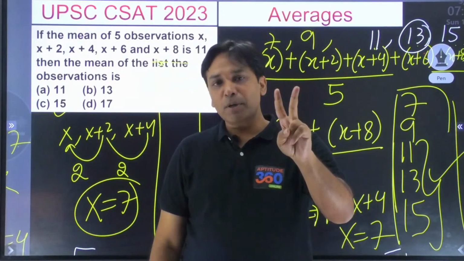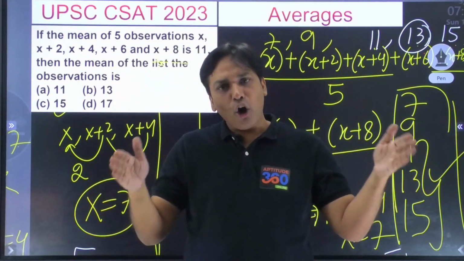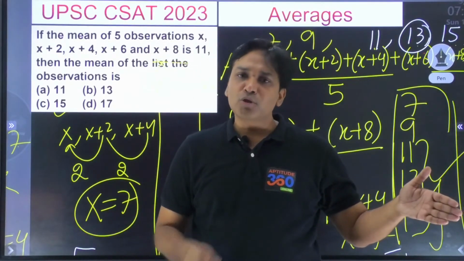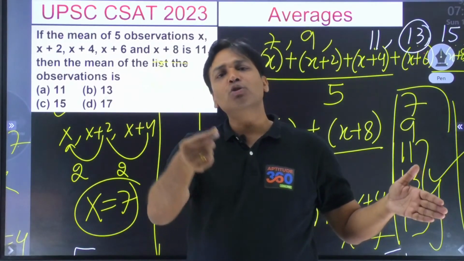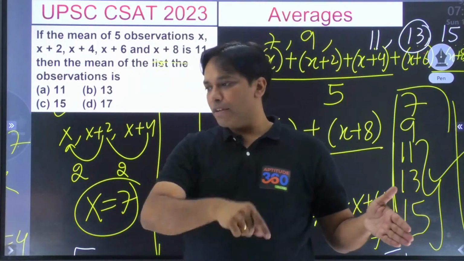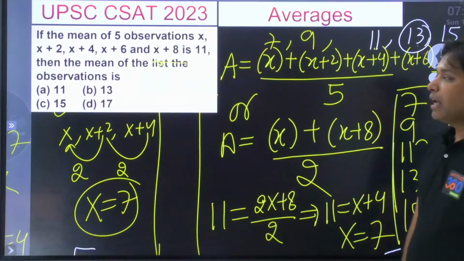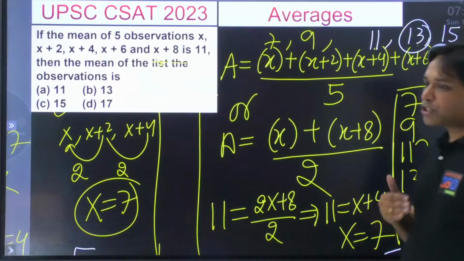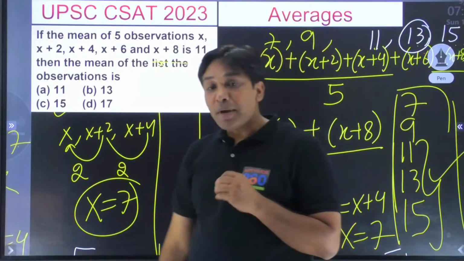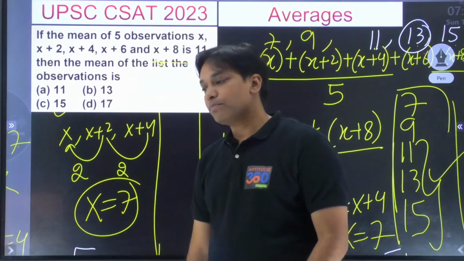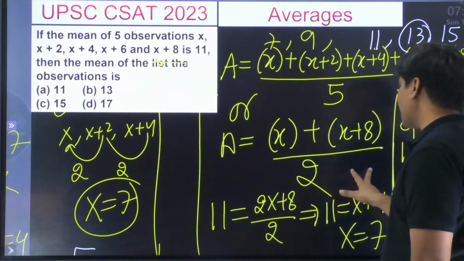Understanding number two: if the number of terms is odd and they are in arithmetic progression, don't even try to solve the problem. The middle term, the (n plus 1) by 2th value, is going to be your average. Let me know in the comment section if you're understanding this thing. And once this makes sense, kids, you will save a lot of calculation.